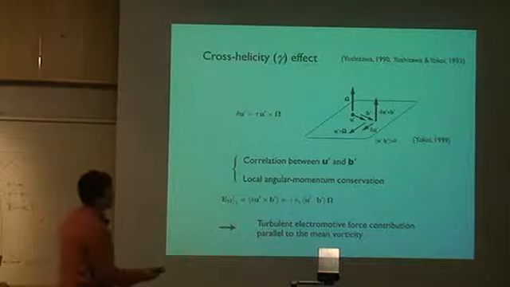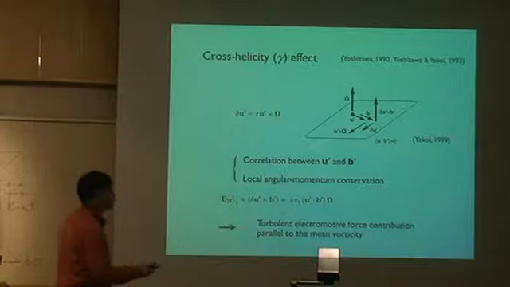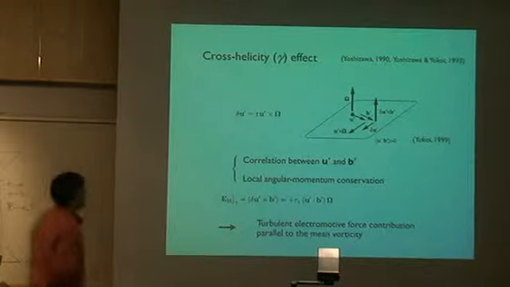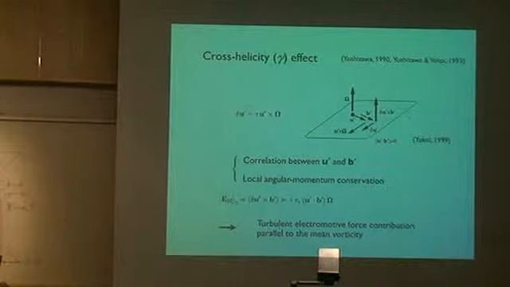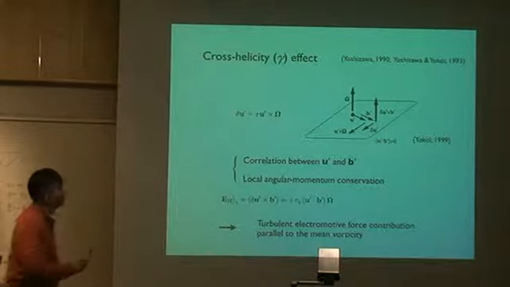So the consequence is that if we have positive cross helicity in the turbulent field, we have a contribution parallel to the large-scale vorticity. That's, I think, the physical interpretation of this effect.